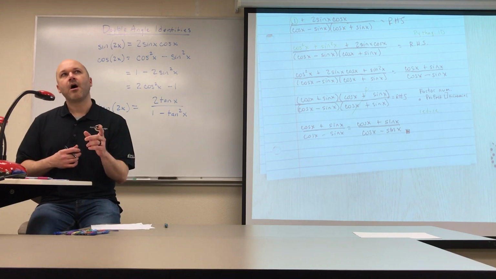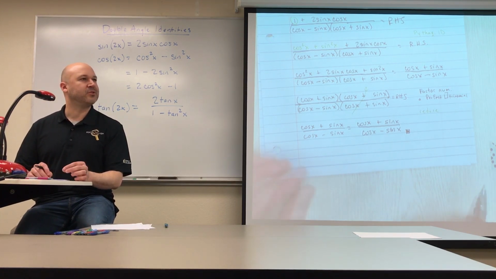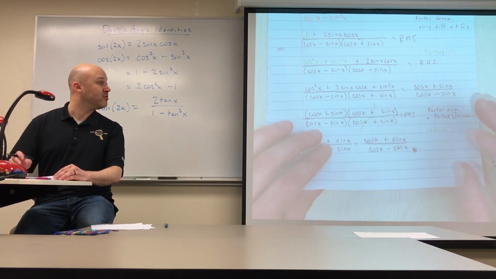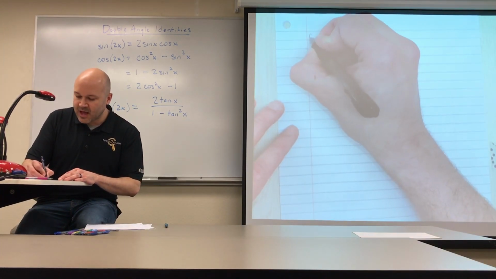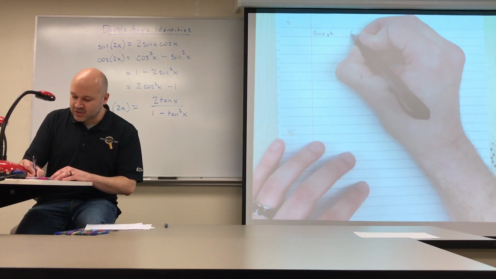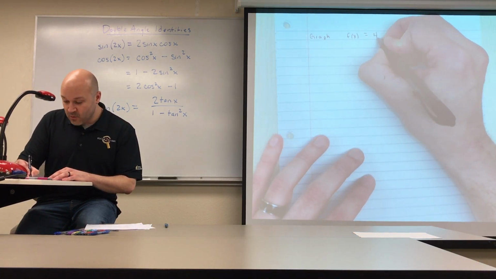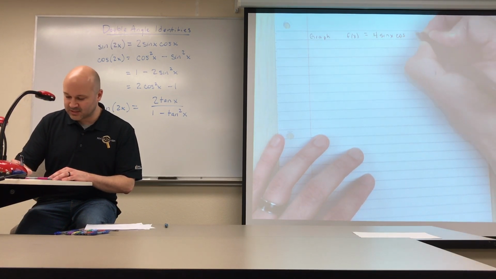All right, the double angle identities can also help us with cute little graphs. So I'm not going to get too formal with my graph, but something like this. If I said, I just want to see a sketch, or you to graph the function, oh, I don't know, something like 4 sine x cosine x.